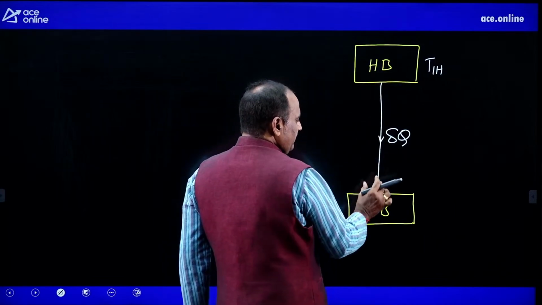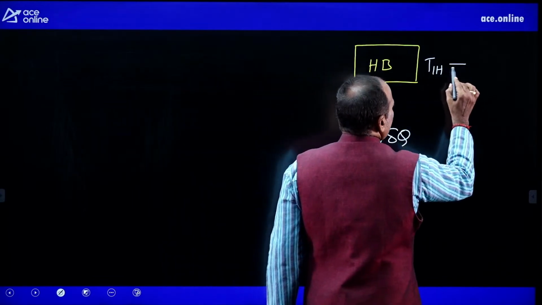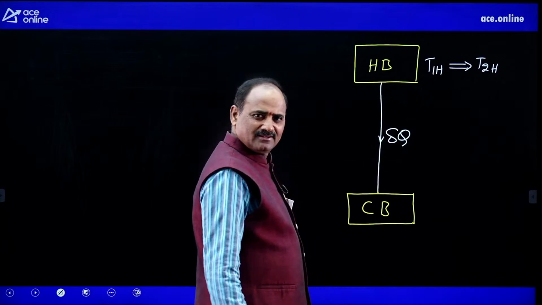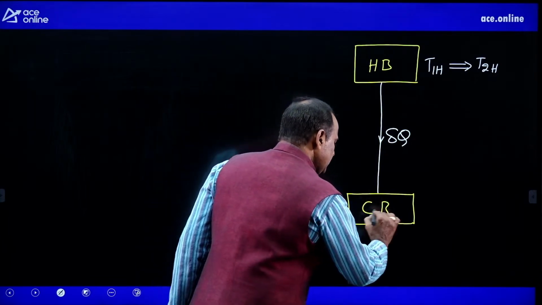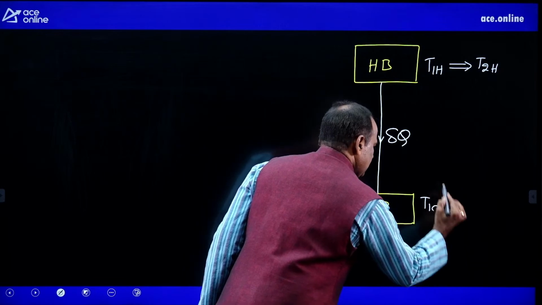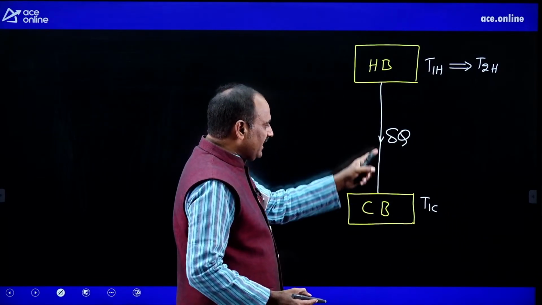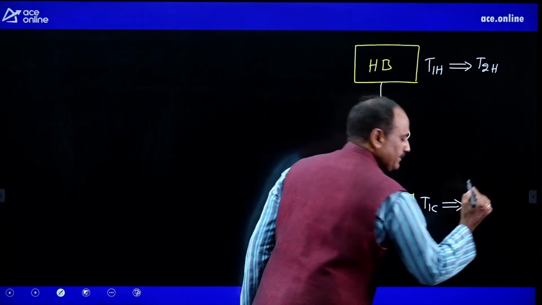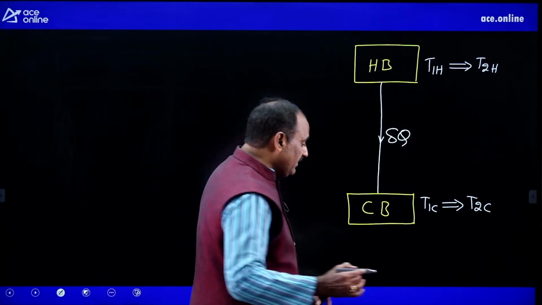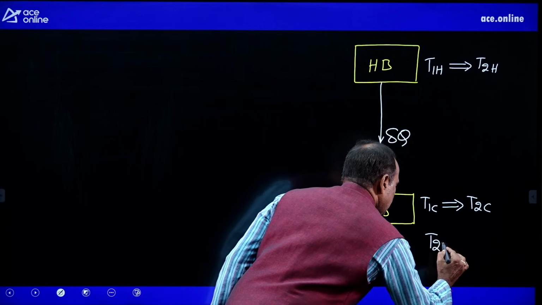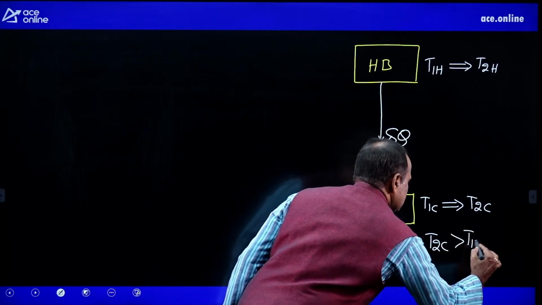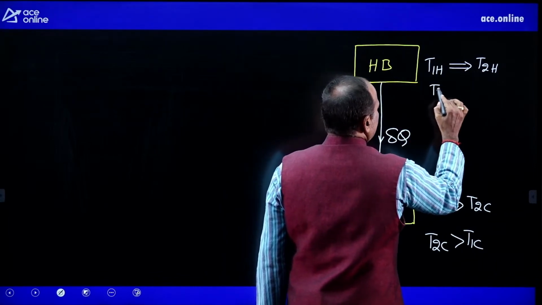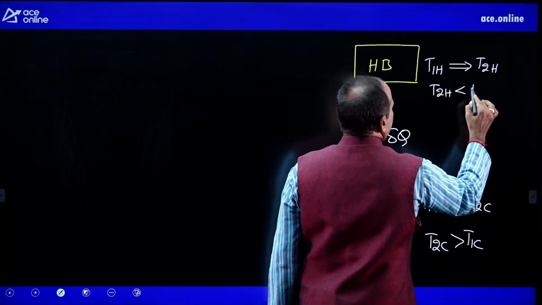By the time the hot body is giving the heat energy, its temperature is dropping from T1H to T2H. Okay? Now assume the initial temperature of the cold body is T1C. By the time the cold body is receiving heat energy, its temperature is increasing from T1C to T2C. Since the cold body is receiving heat energy, I can say that T2C is more than T1C, whereas this one is losing energy, so I can say that T2H is less than T1H.